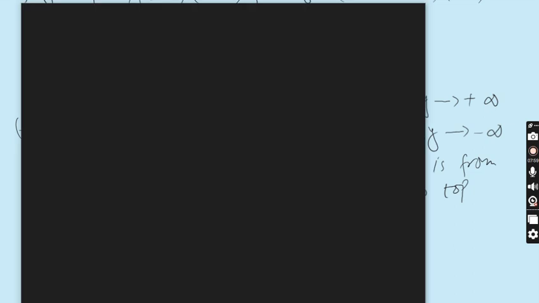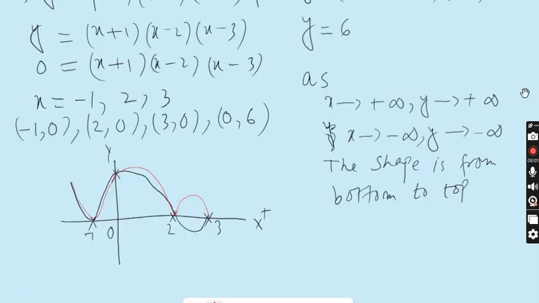The red curve is the required graph. I hope you understand completely, and you can extend this line as well.